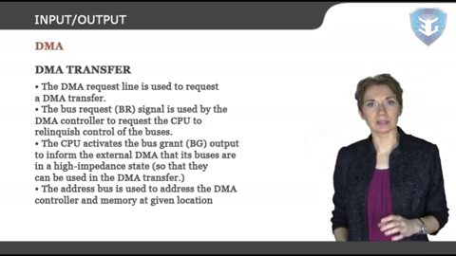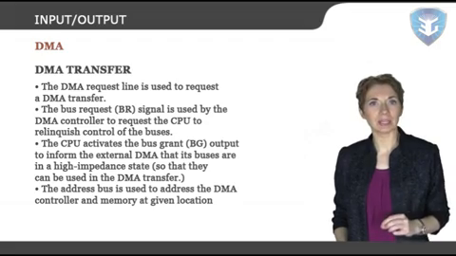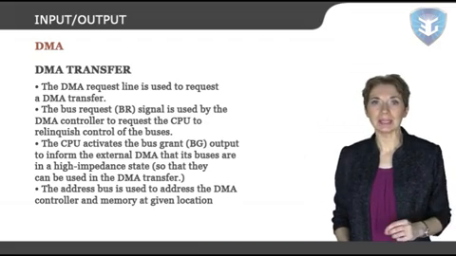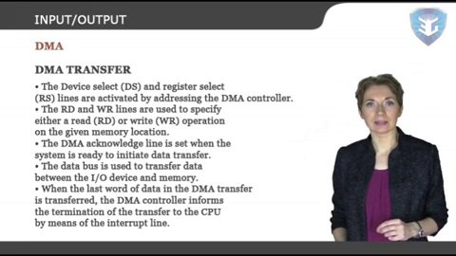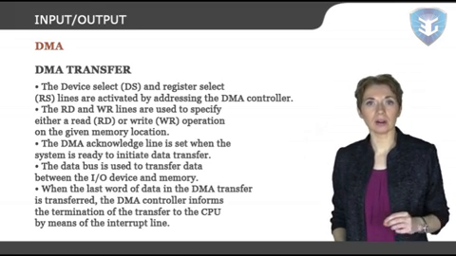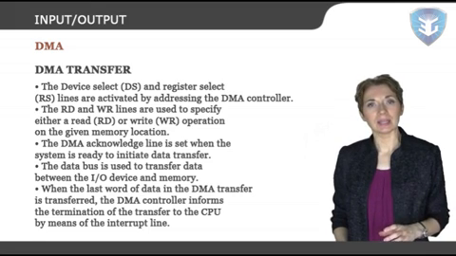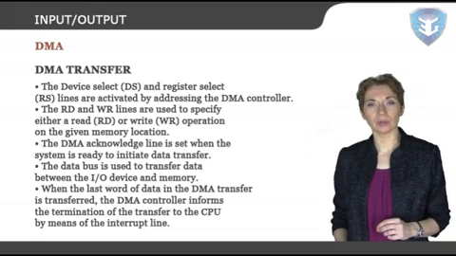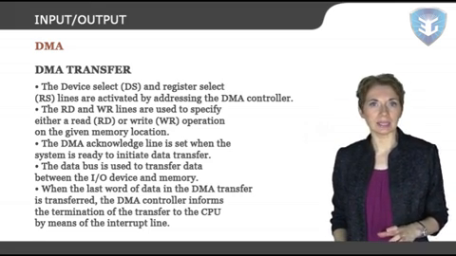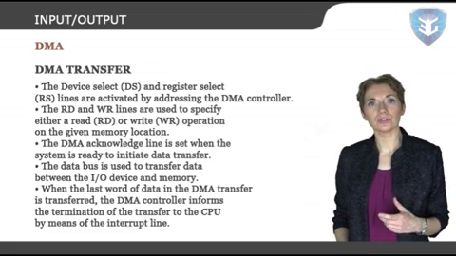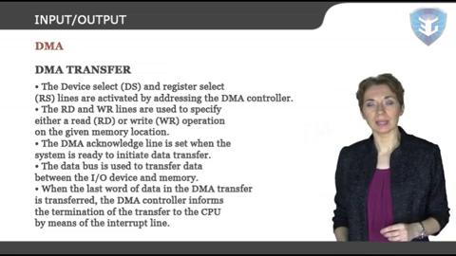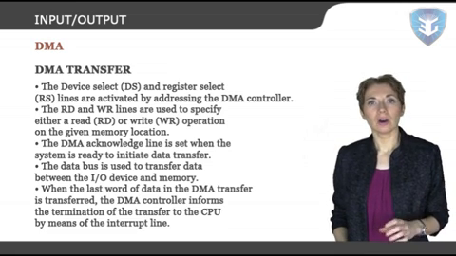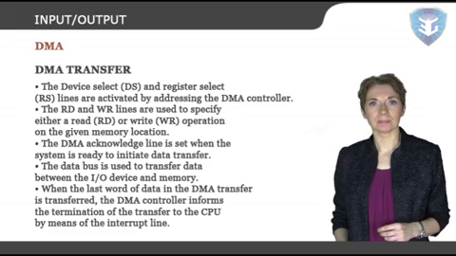The address bus is used to address the DMA controller and memory at a given location. The device select, or DS, and register select, or RS, lines are activated by addressing the DMA controller. The RD and WR lines are used to specify either a read (RD) or write (WR) operation on the given memory location.